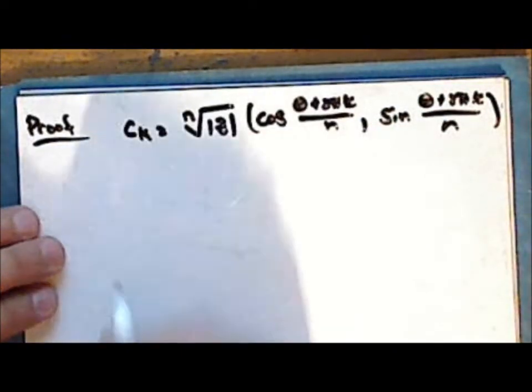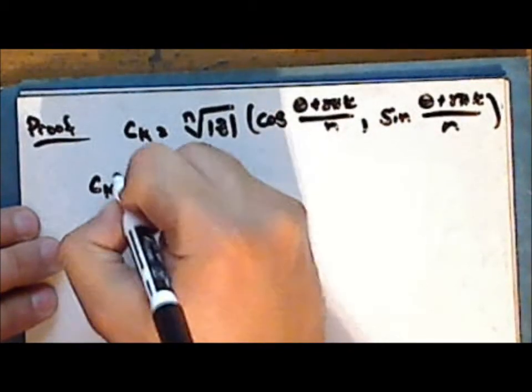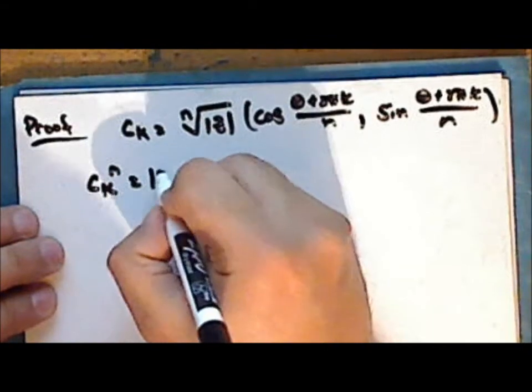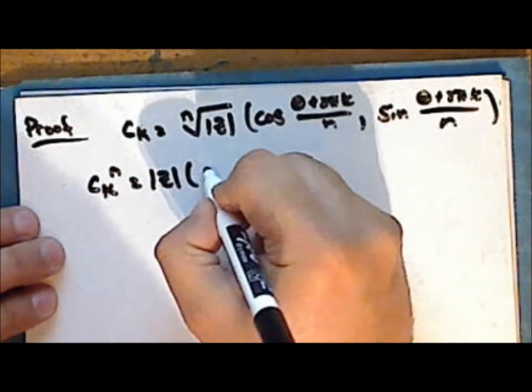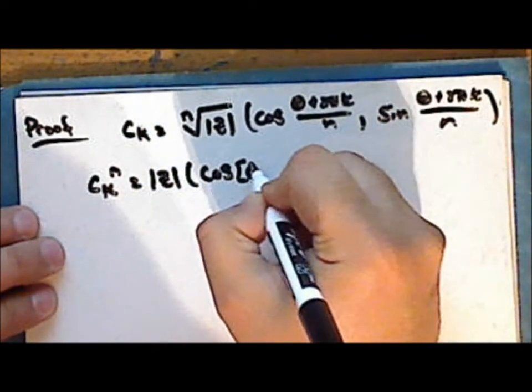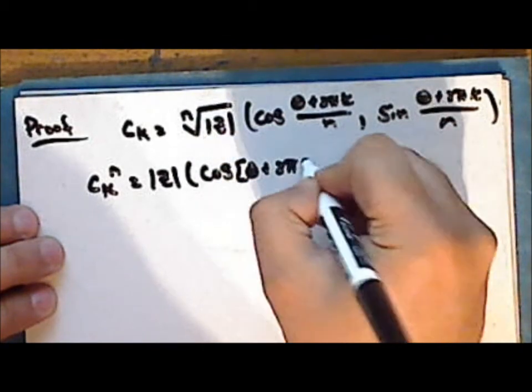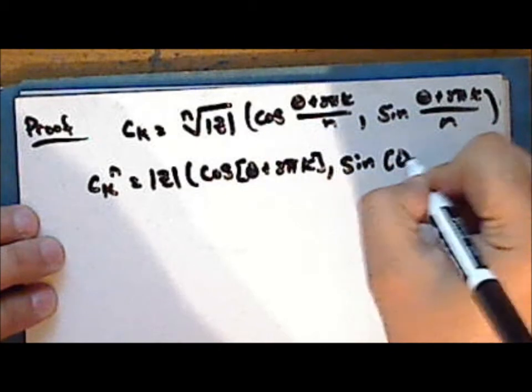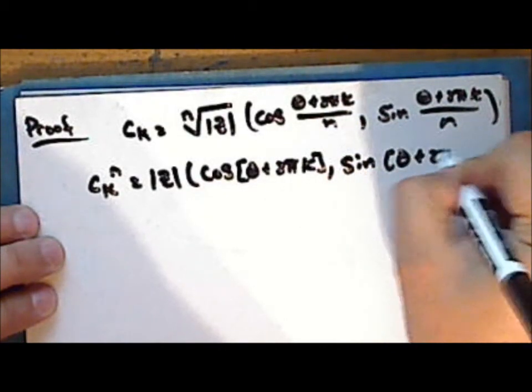So if we now raise c sub k to the nth power using de Moivre's theorem, we have the modulus of z times the ordered pair cosine of theta plus 2 pi k, sine of theta plus 2 pi k.